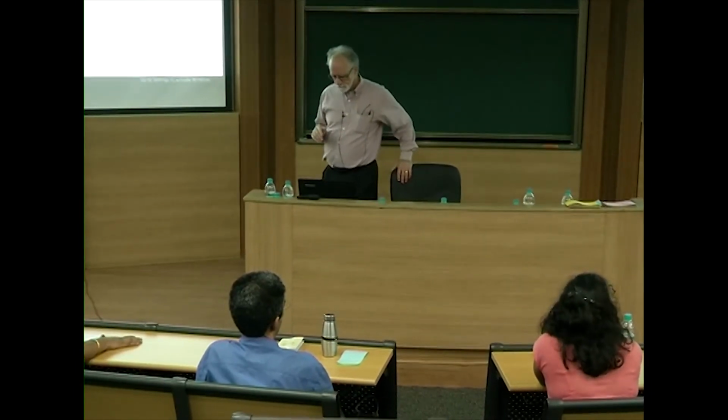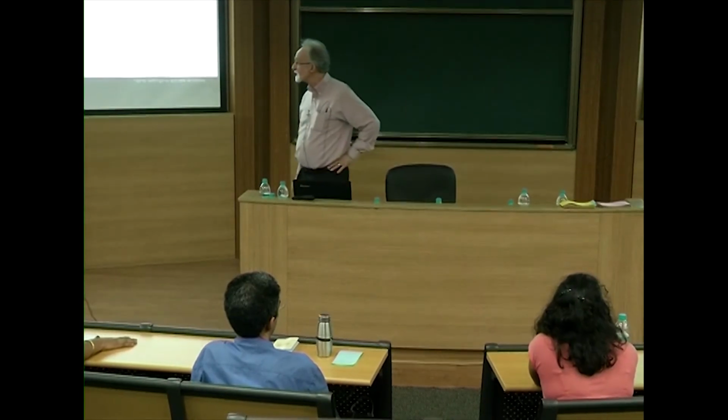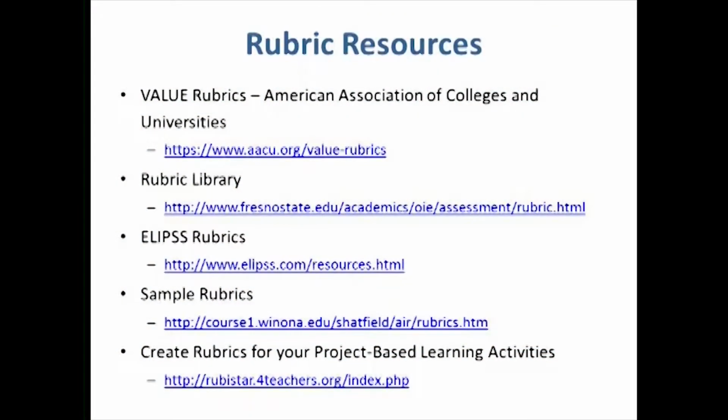Okay. But, as I said, a rubric should not be generated from scratch. I have listed here a set of example rubrics. There are lots of them out there, many of which would address the things that many people were doing in terms of quality of report. So you wouldn't have to invent those. You could just go and find one of them and say, I want to use that.